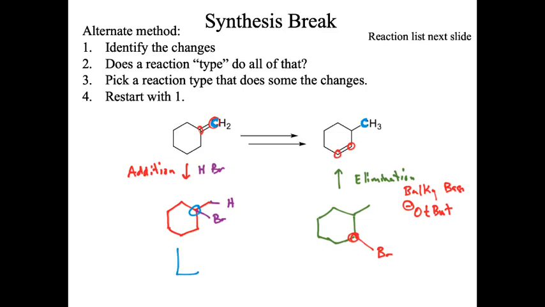This one, I can't do an addition reaction with because there's no pi bond. Could I have done an addition reaction here? Yes. Okay, that is possible because that is saying that I could have started with a pi bond. Where would I have placed that pi bond?